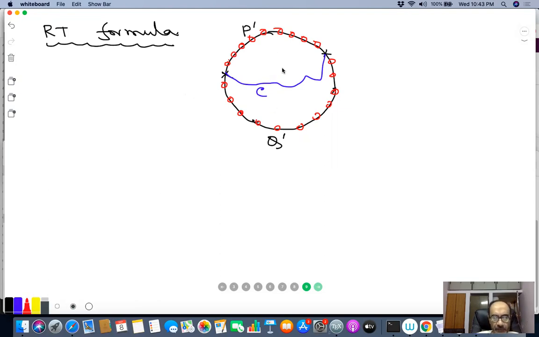In the bulk, we call this region P, and this region of the bulk Q. In the bulk, you have the logical qubits, the vortices. Let me draw those as well.